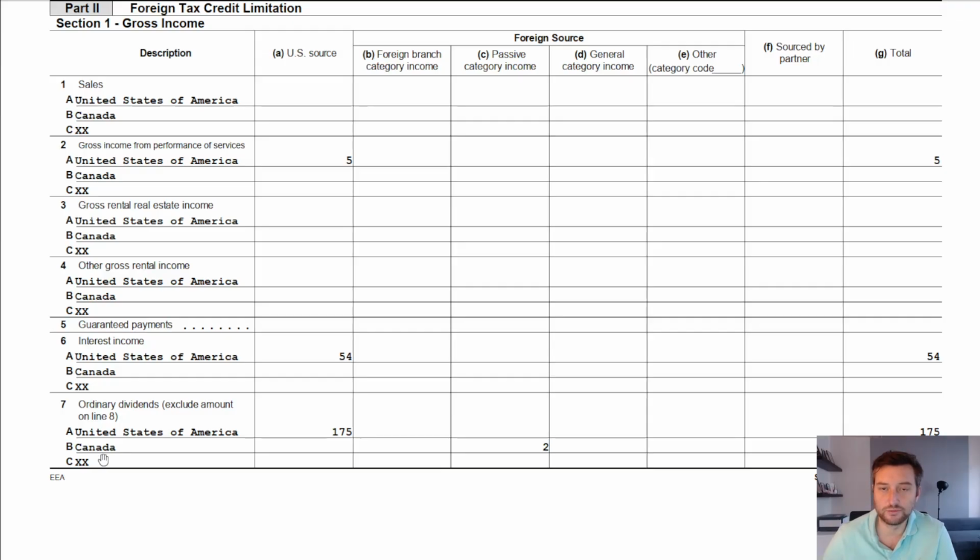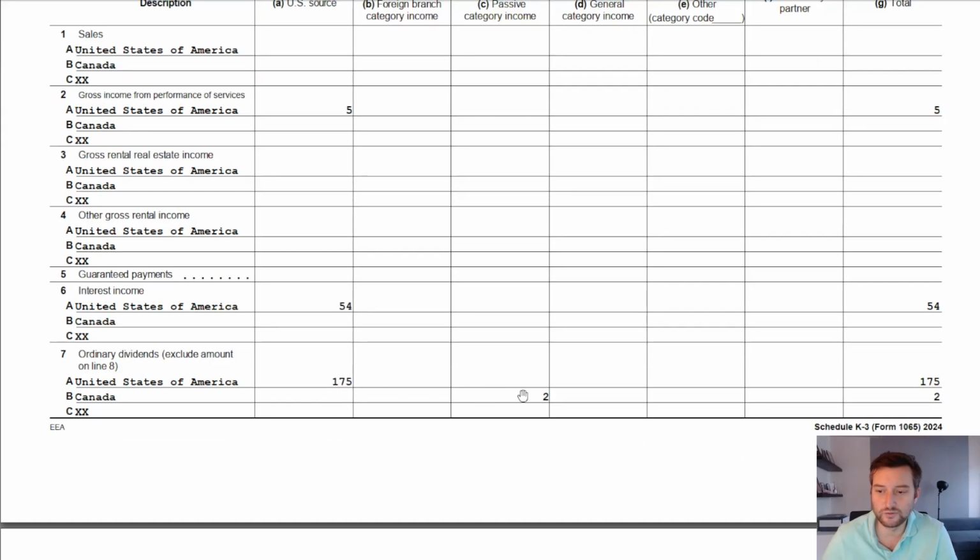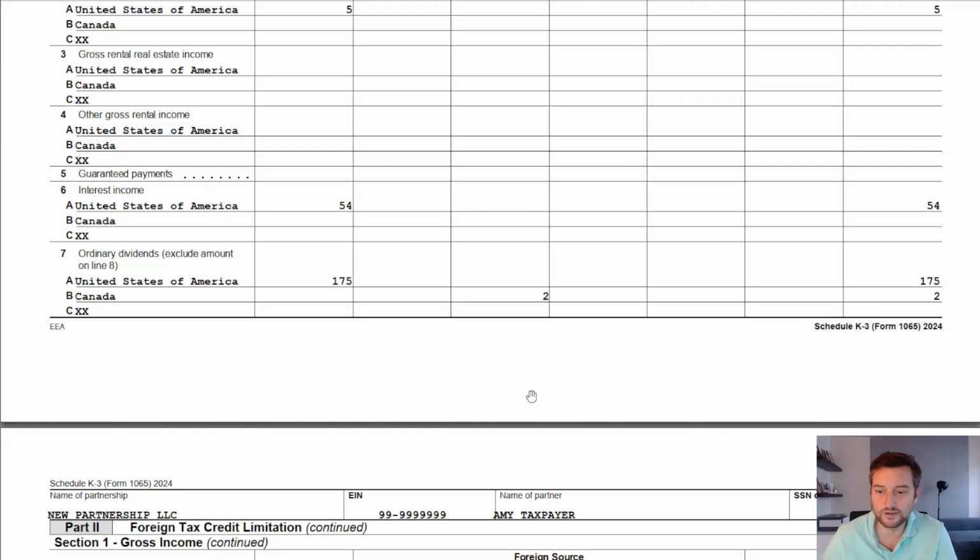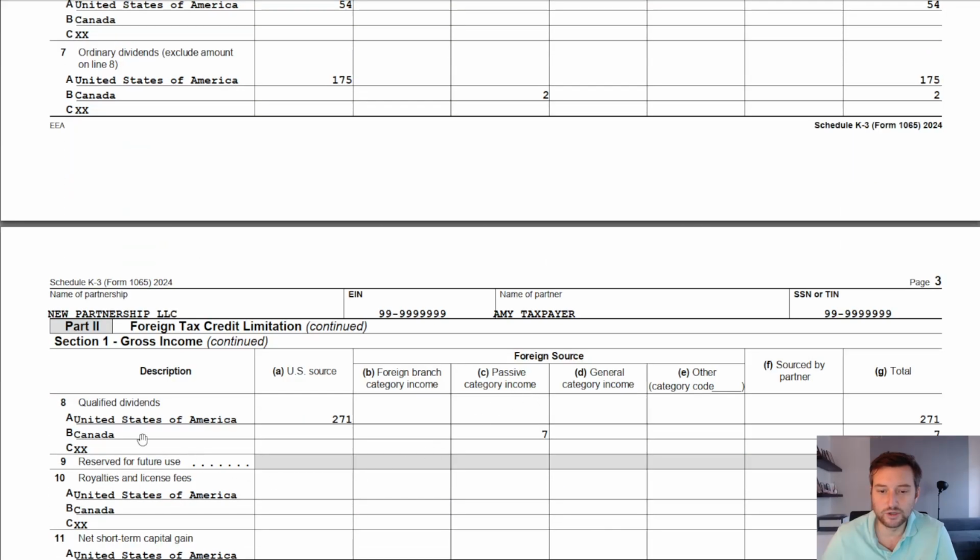So in other words, the partnership invested in some Canadian stock and it received a dividend distribution. So that's dividends from a Canadian company, Canada source income. So we have 175 of U.S. source, $2 of Canada source. And then when we look at the qualified dividend section, we can see qualified dividend income, $271 of U.S. source income, and then $7 of Canadian source income.